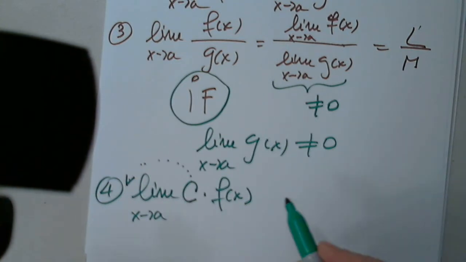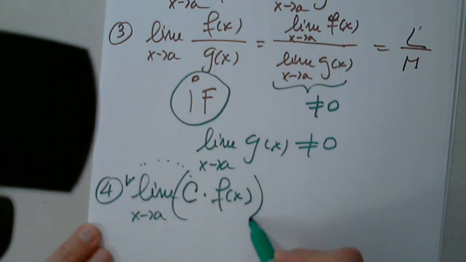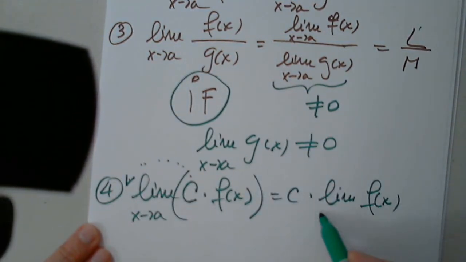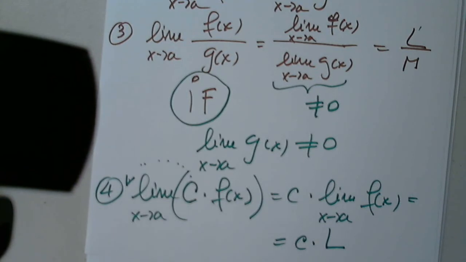Say c times limit of f of x. So maybe I should write it like this so it's clear. Yes, c times the limit of f of x as x approaches a from either side, which will end up being c times L. Because from the beginning, our hypothesis says the limit is L. Okay.